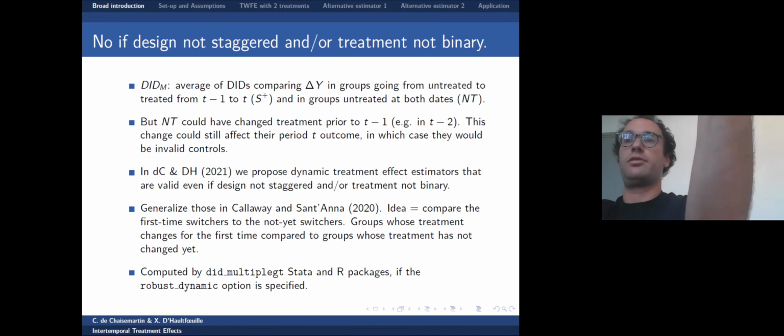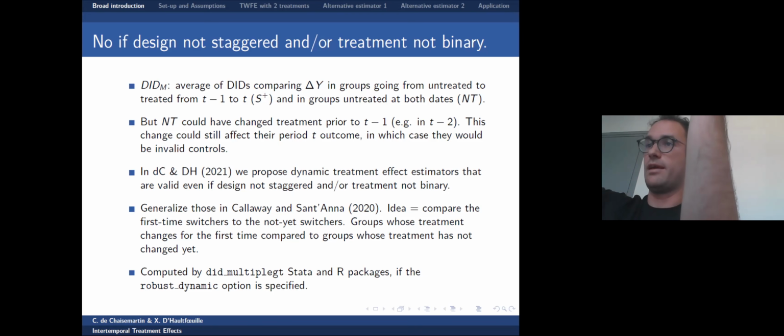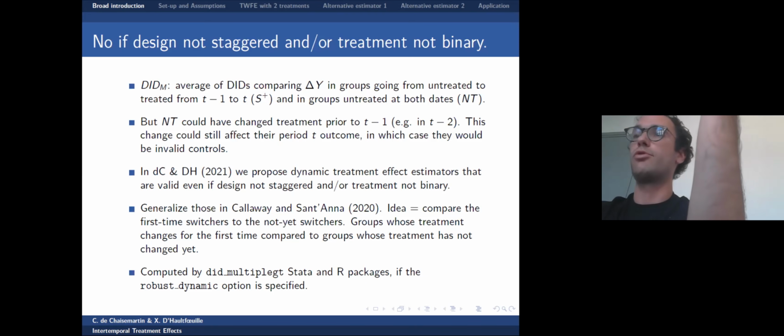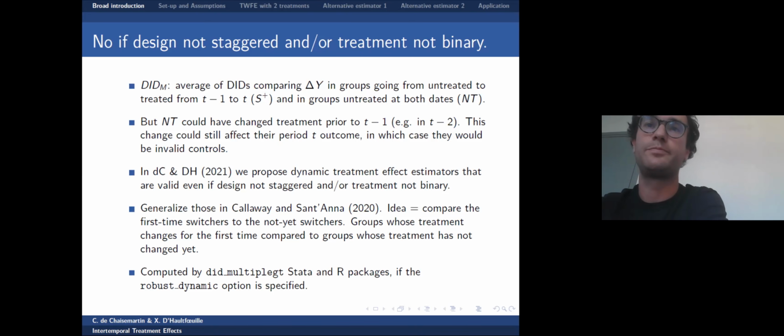And that treatment switch from T-2 to T-1 could still affect their period T outcome, in which case they're going to be invalid controls to infer the counterfactual trend that groups that switched from T-1 to T would have experienced without the switch.